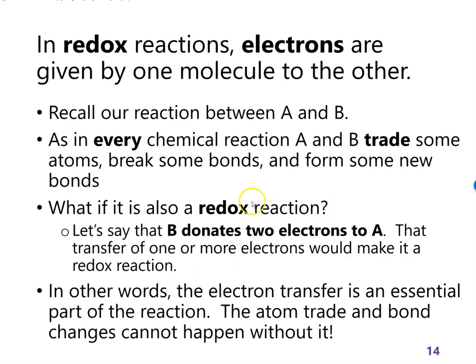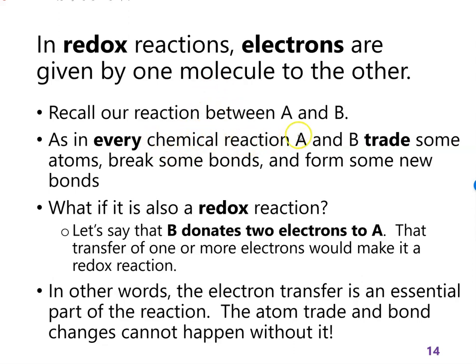So in redox reactions, there's an extra part, a very big extra part that we haven't seen in the reactions we've looked at so far. Redox reactions have all of the same attributes that I've just described.